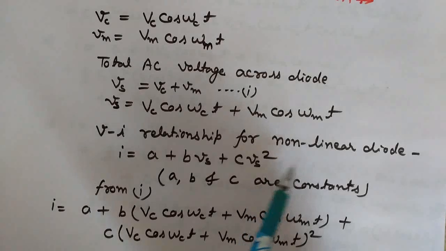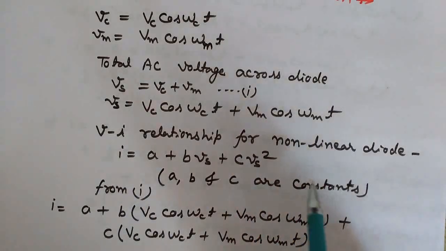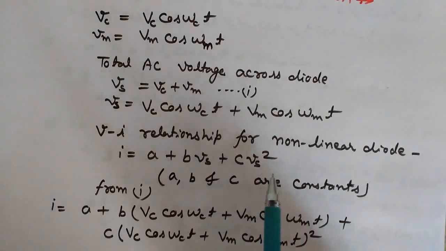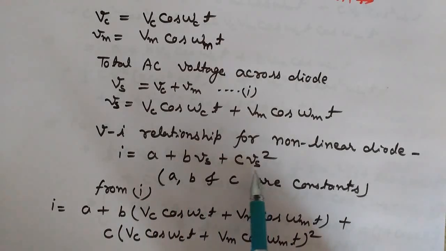The higher terms, like plus D Vs cube and others, are neglected. To keep things simple, we ignore the higher terms and take up to square terms. So I is equal to A plus B Vs plus C Vs square.